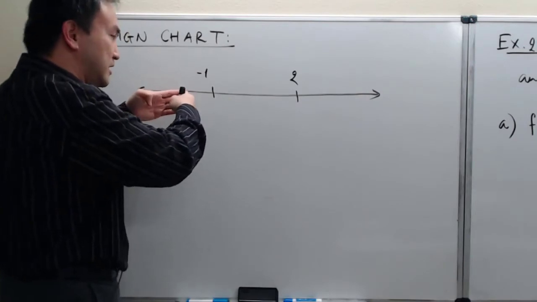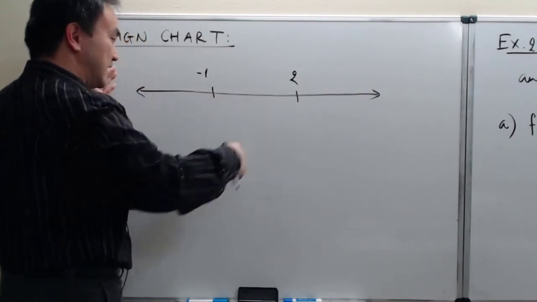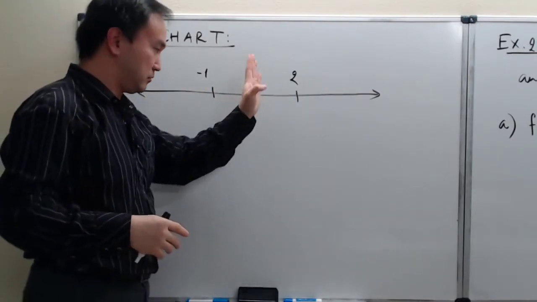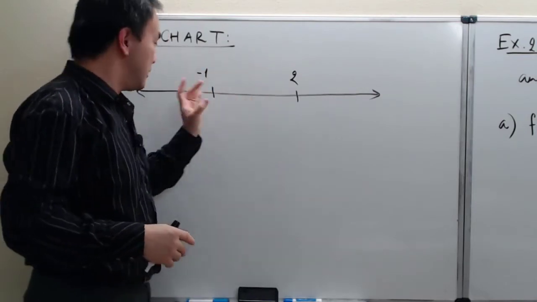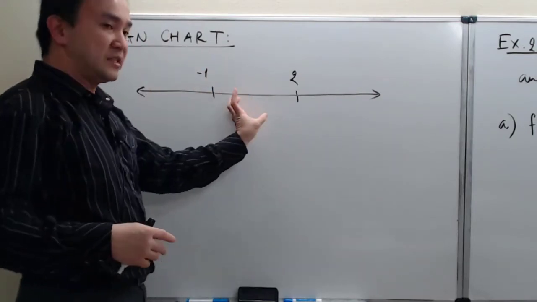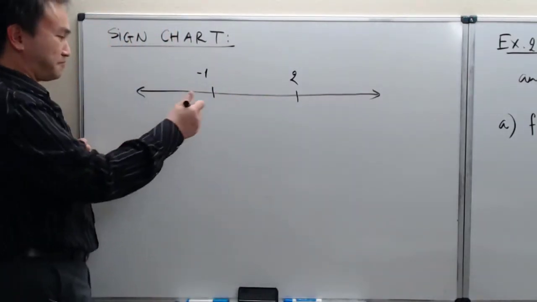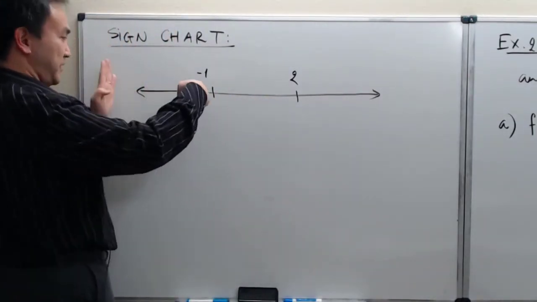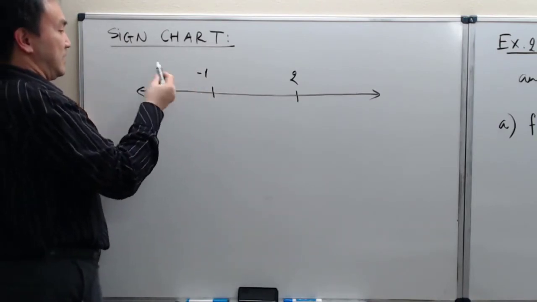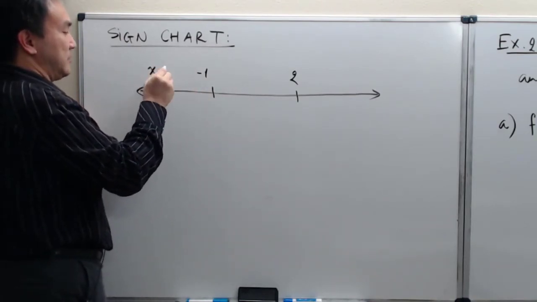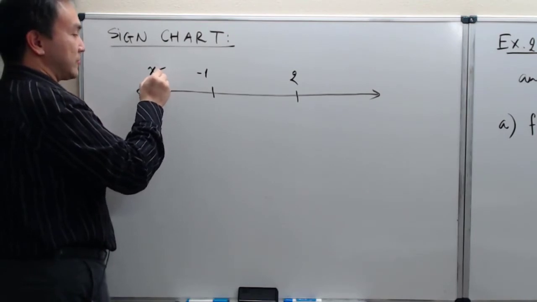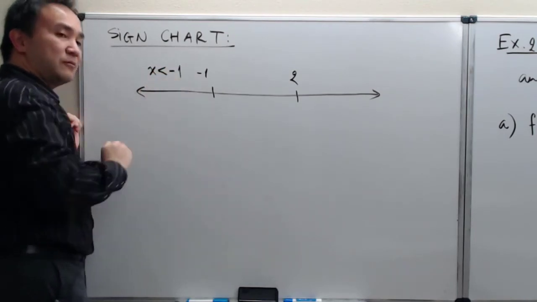Then our entire line of real numbers here is being divided, being split into, in this case, 3 separate zones, 3 separate intervals. And so this very first interval is the interval for any of those values of x being less than -1.